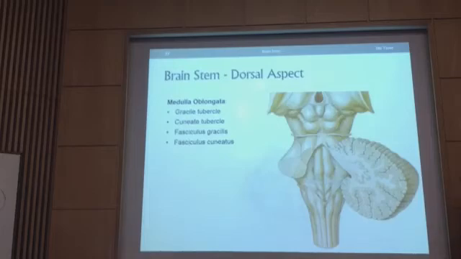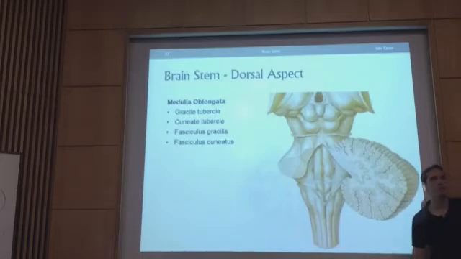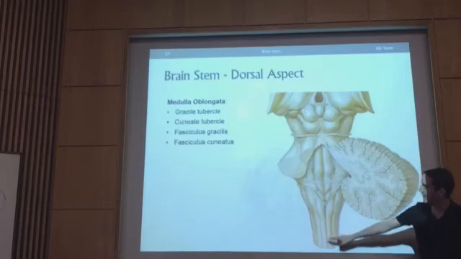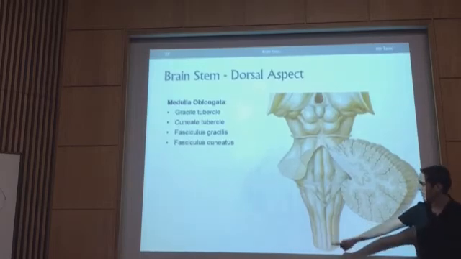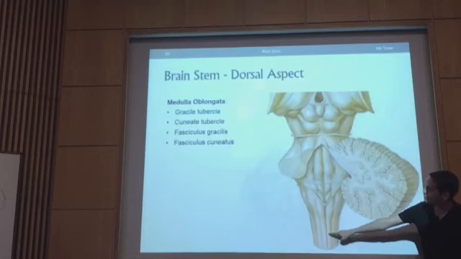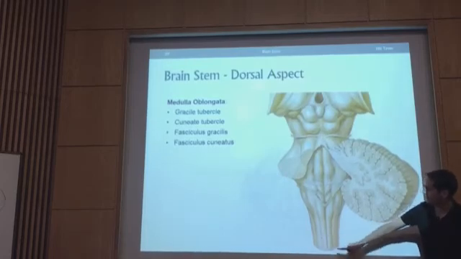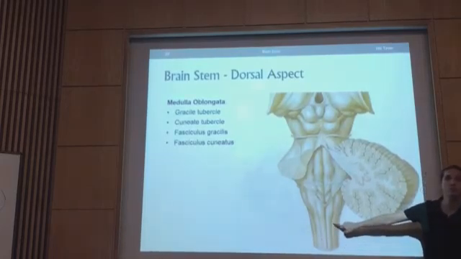Together they make the dorsal funiculus. Now let's say this is a patient lying on his belly. Let's go anterior, and we'll get to the brainstem. This is fasciculus gracilis, and this is fasciculus cuneatus.